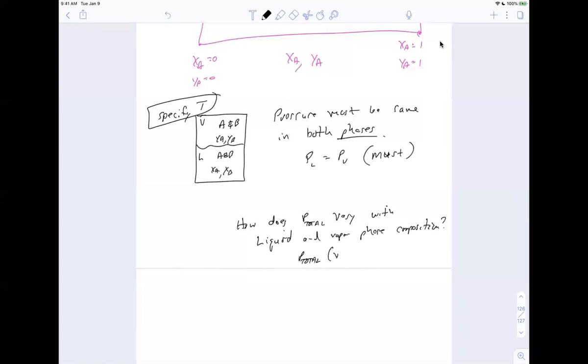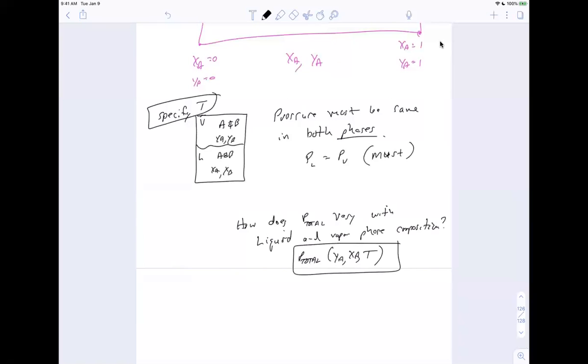How is that determined by X, A, Y? And of course, we specify T, okay? So the question was, what is P total as a function, right? The pressure is going to be represented as some mathematical function, or we can represent it as a curve. And it's going to be dependent on YA, XA, and T. T is specified. So now it is upon us to discuss how we determine P total as a function of the compositions.